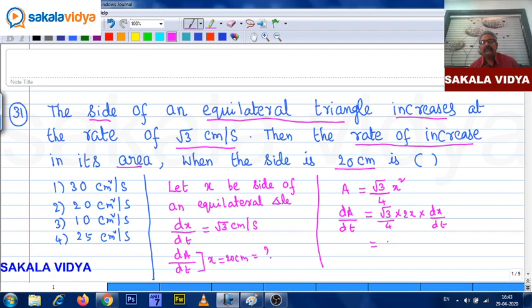Now this is root 3 by 2 into x equal to 20, dx by dt is root 3. This will be 10 into root 3 into root 3, 3, so 30 centimeter square per second. That means first option is the right option.